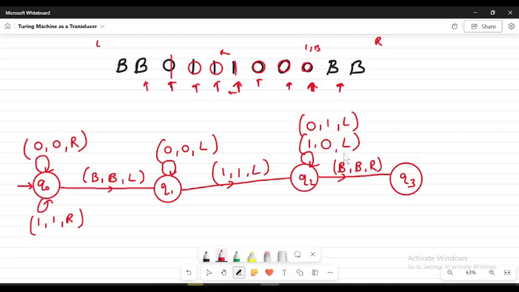One more thing: this is not the only Turing machine for this particular problem. You can come up with many Turing machines depending upon your logic. Whatever logic I had taken, for that I built the Turing machine. There are many other Turing machines for the same 2's complement.